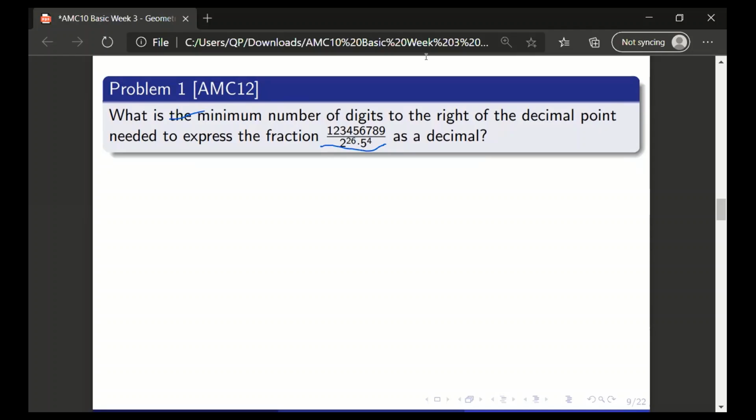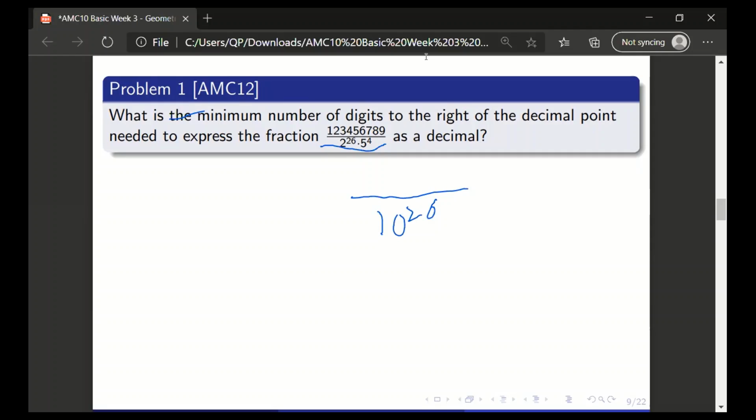And so here you multiply by 5 to the power of 22. This is just so you can make the denominator one simple power.